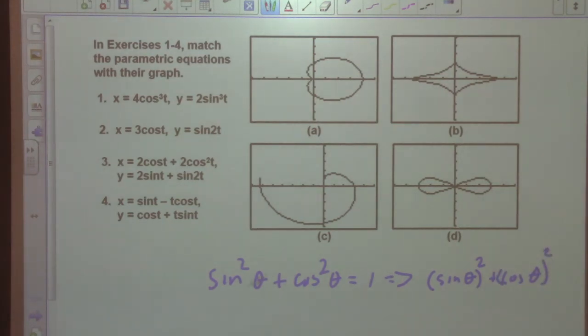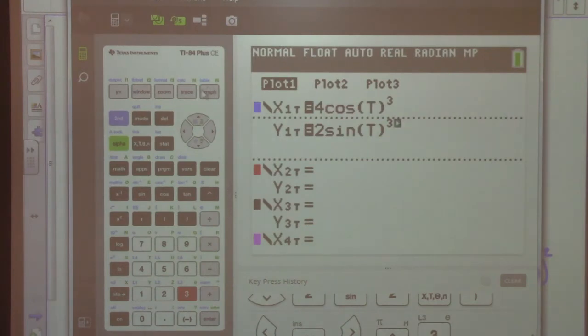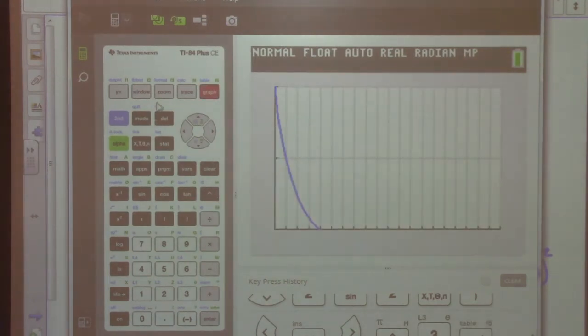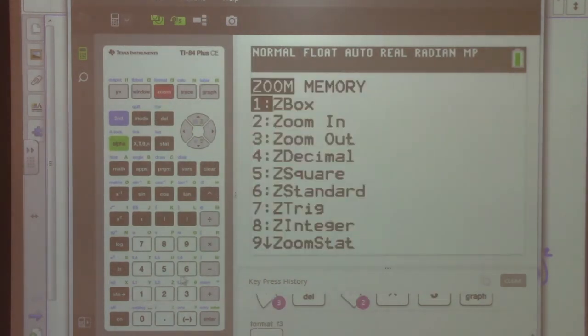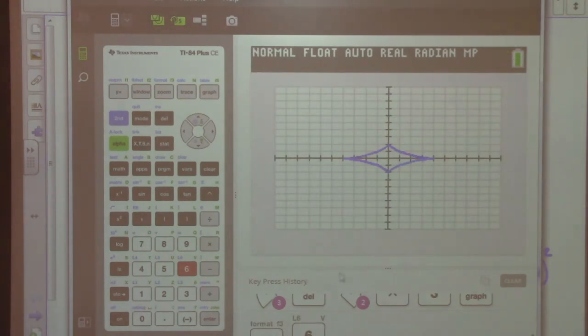So when you see the notation in this place, it means the whole thing squared. It's 4 times all this cubed, cosine t cubed. That's where that comes from. So it's a matter of notation. So you graph, and I'm going to get to standard window, zoom 6, and that's what we have.